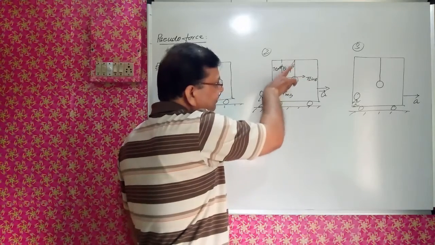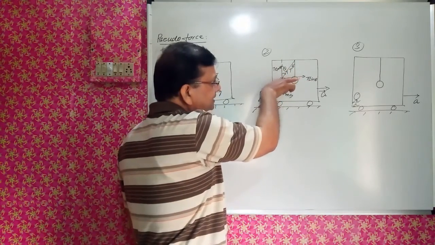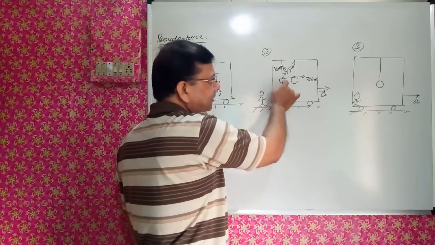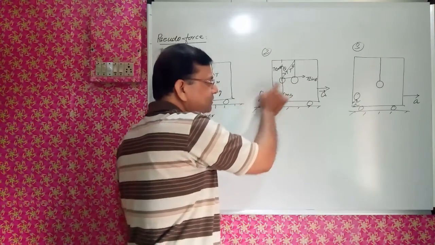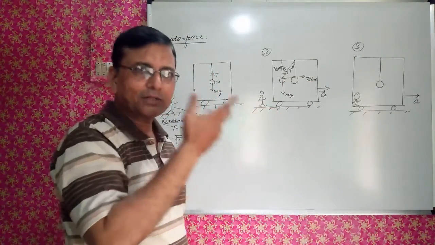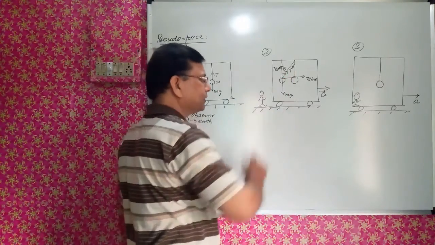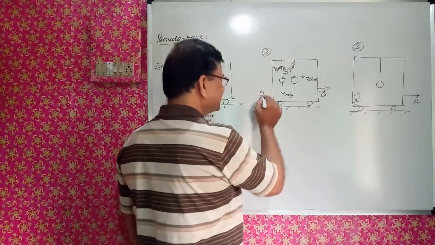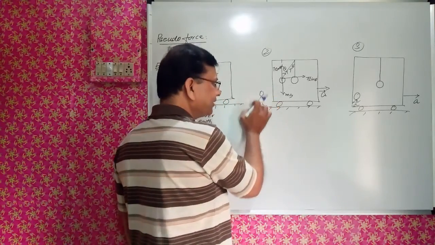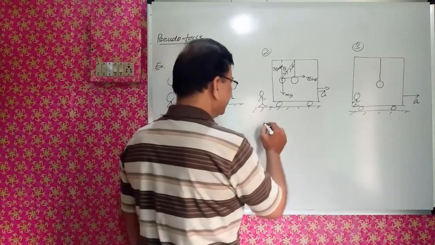And the resolved part of this tension will create the acceleration in the bob, because the observer will say that the bob is moving with acceleration A. So from where will the force come? The force will be produced by this tension. In this case, the observer is in the inertial frame of reference.